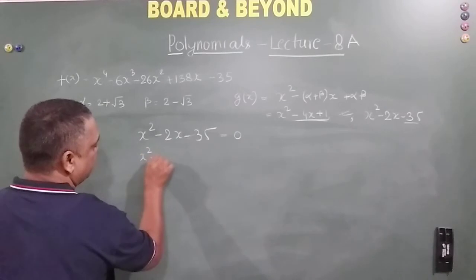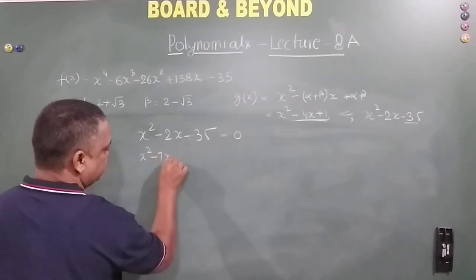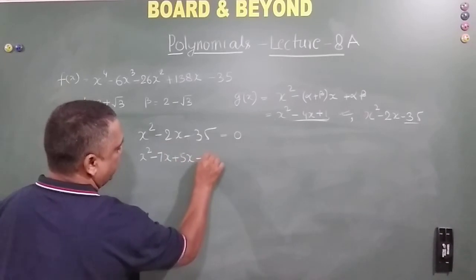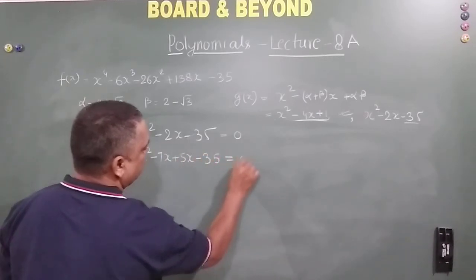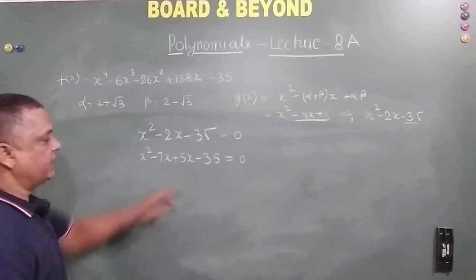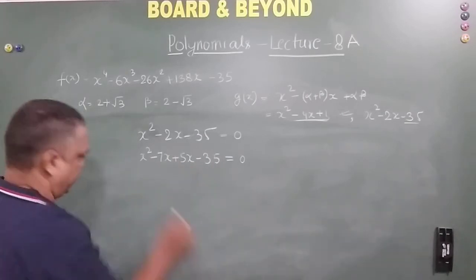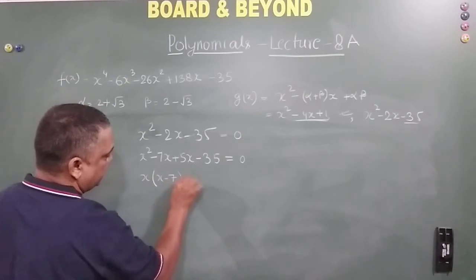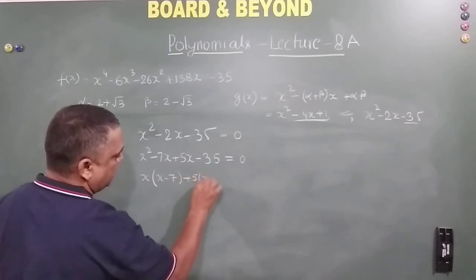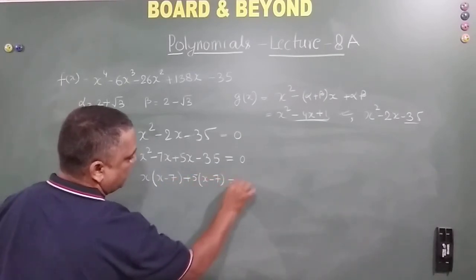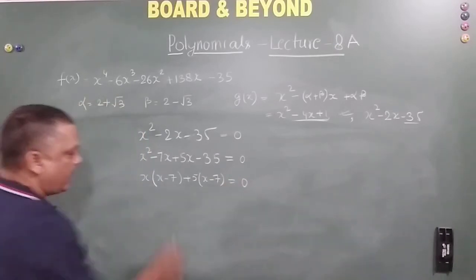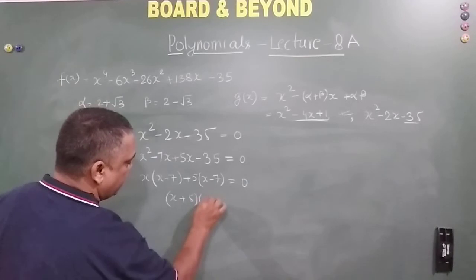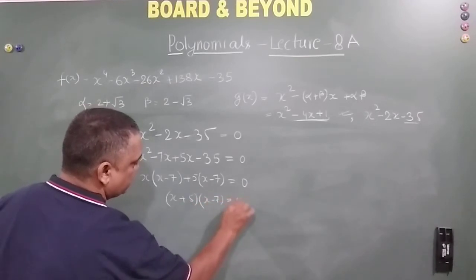So x square minus 7x plus 5x minus 35 is equal to 0. Correct, right? So x plus 5 and x minus 7 is equal to 0.